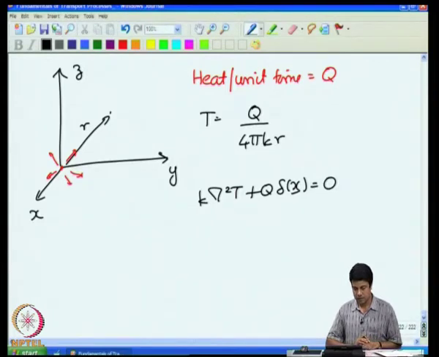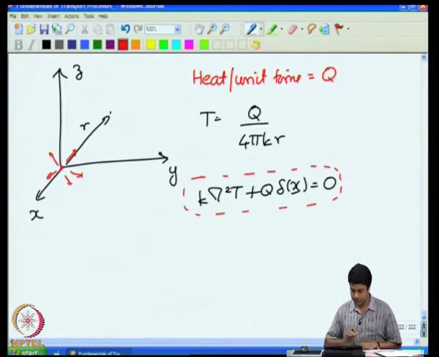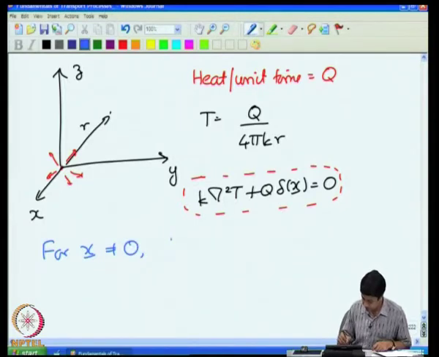First of all, if I try to solve this equation, note that K del square T plus Q times the delta function is equal to 0. The delta function is non-zero only when x is equal to 0. Therefore, for x not equal to 0, the equation is K del square T is equal to 0.